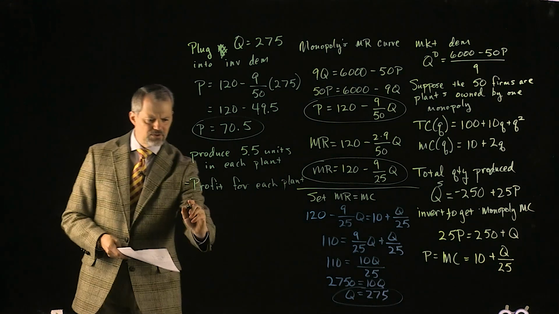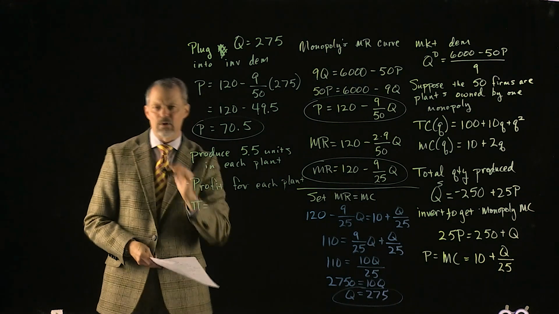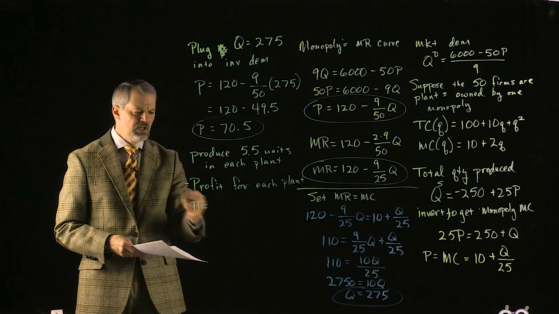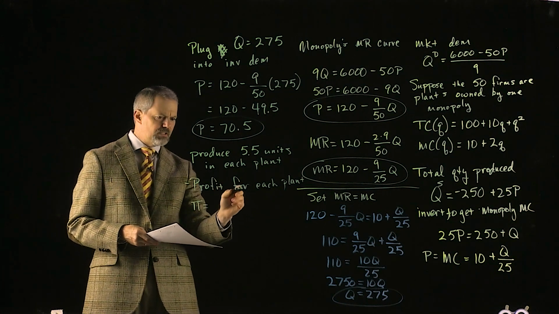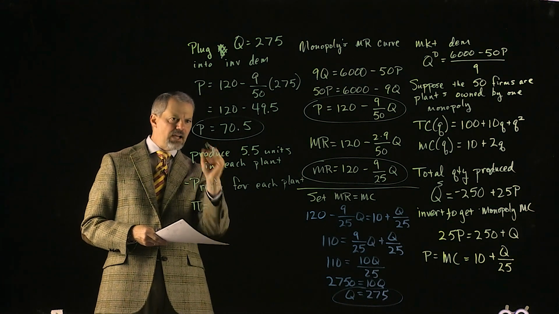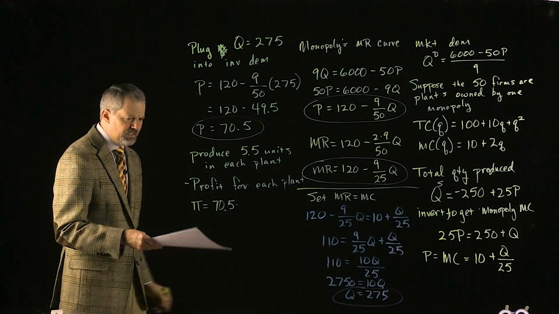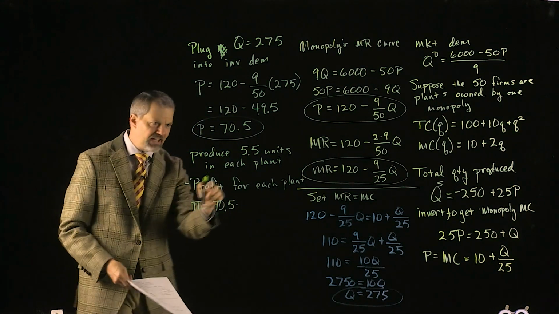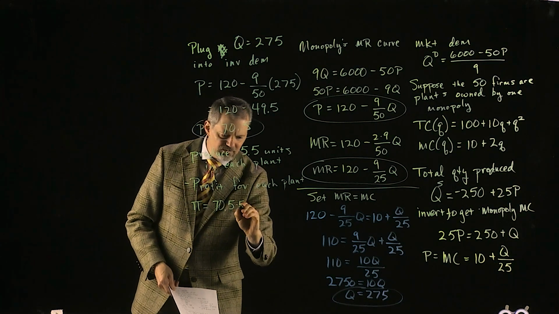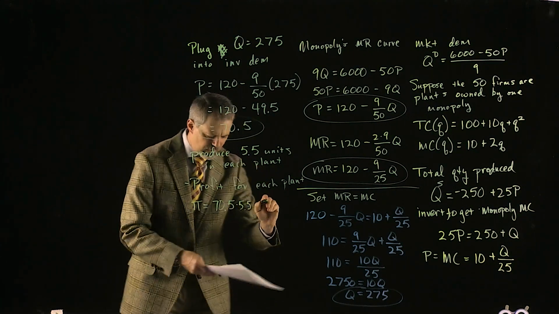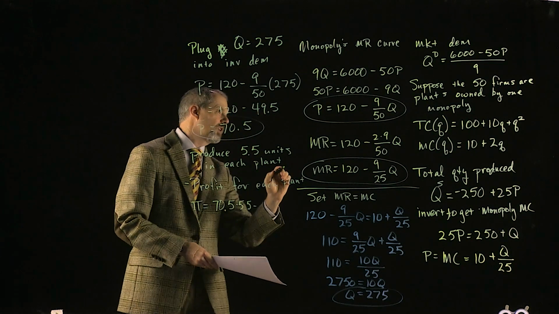So let's do it this way. Profit, let's do total revenue minus total cost. So profit for each plant, we need the price, which is 70.5, times the quantity for each plant. That's times 5.5. And then minus our total cost.